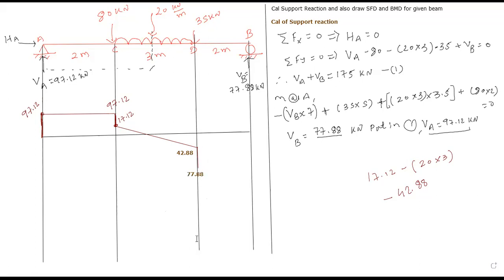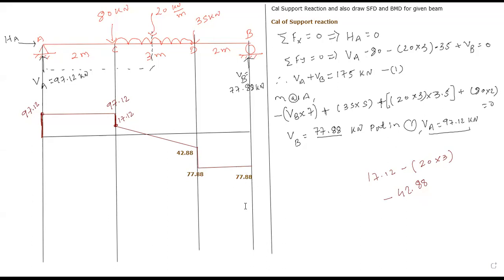Fine. So now again in between D to B is there any load, yes or no? Is there any load in between D to B? No. So we need to go straight again, yes or no? And your value will remain the same, 77.88. At point B, we have vertical reaction 77.88.